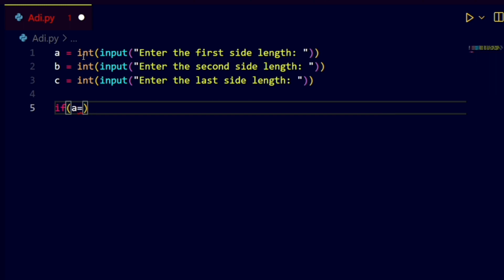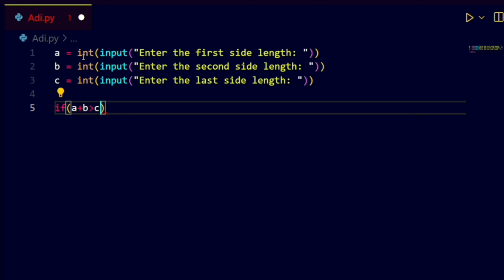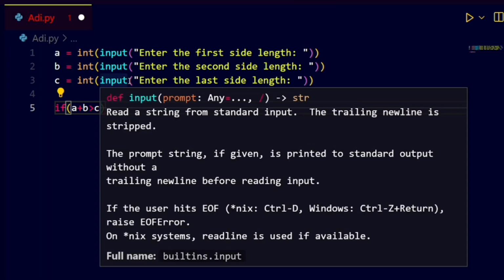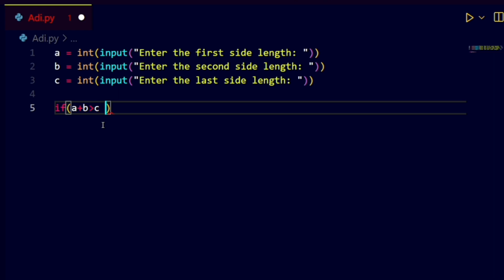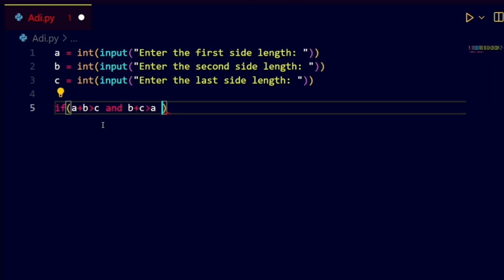So if A plus B, the addition of these two, exceeds C, and all the other combinations, like B plus C is greater than A, and the last combination, which is C plus A, or A plus C, whichever you want to write, if that exceeds B, so all the possible combinations are there.